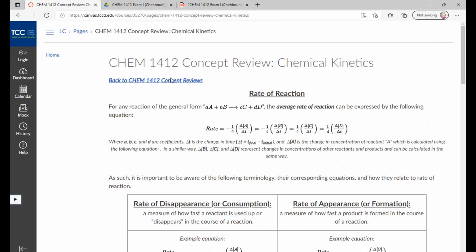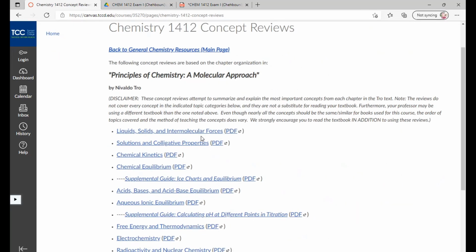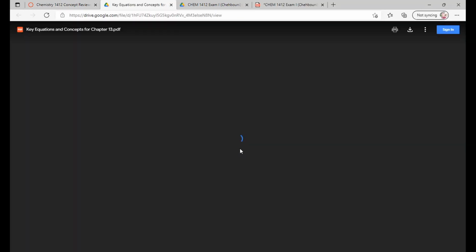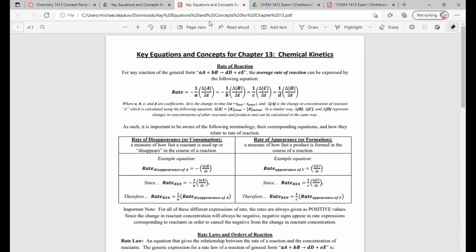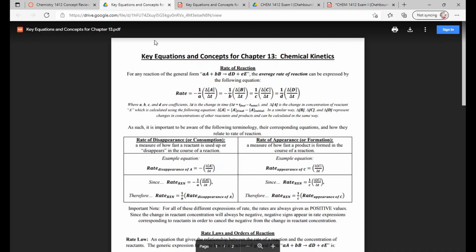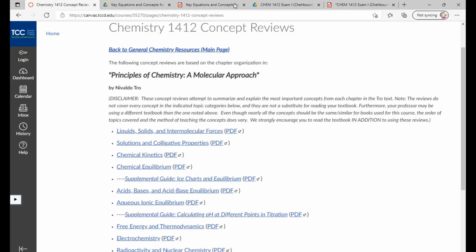I also have, in addition to the web version, PDF versions that you can download and print. Plus, if you ask us, we will print them in here for you for free. So that is an added perk to coming into the Science Learning Center in person.